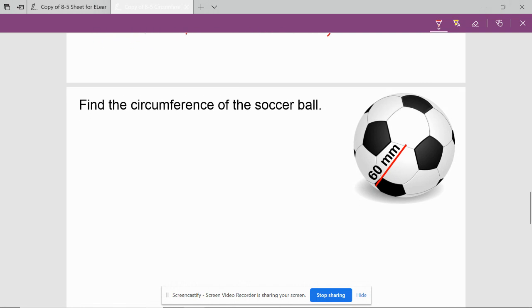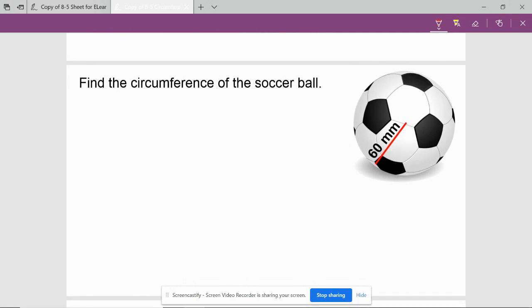So let's go on to problem number 2 with the soccer ball. Okay, not my choice to use the soccer ball. Sorry, football boys. So we know the radius. The radius is 60 millimeters. So let's use the formula for radius, which is circumference equals 2 times pi times the radius.